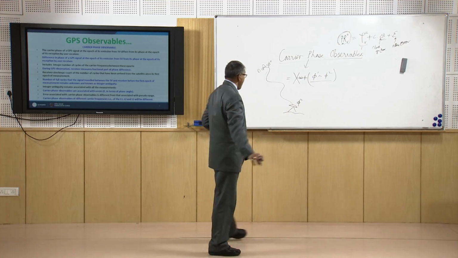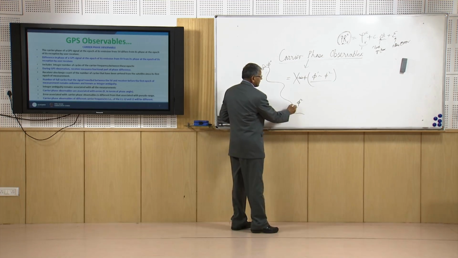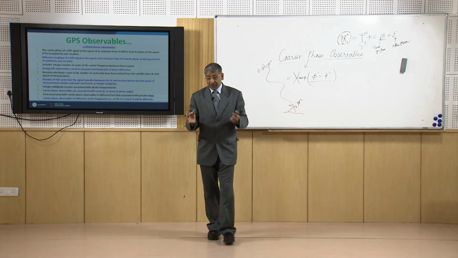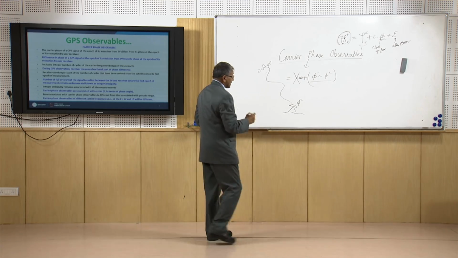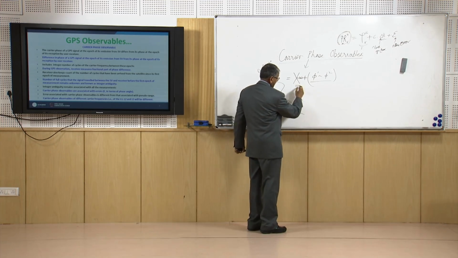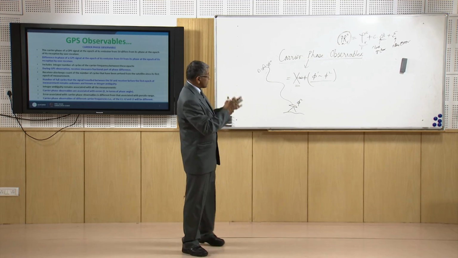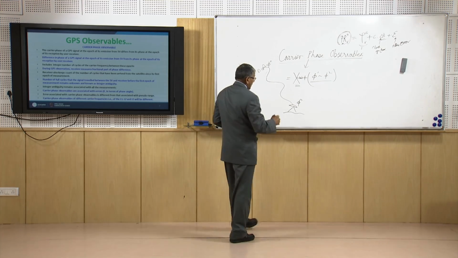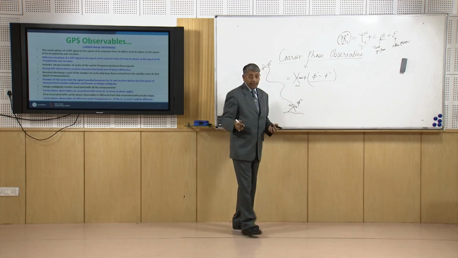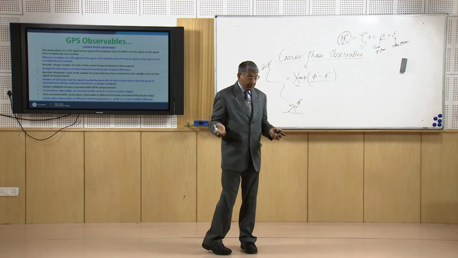What we do is, in the receiver there is a counter which can count the number of full cycles that have arrived between two consecutive receptions.